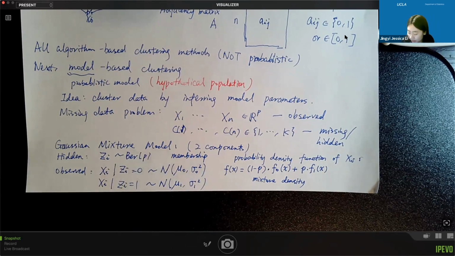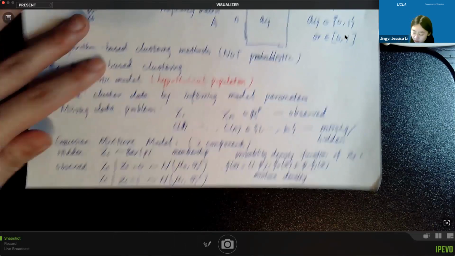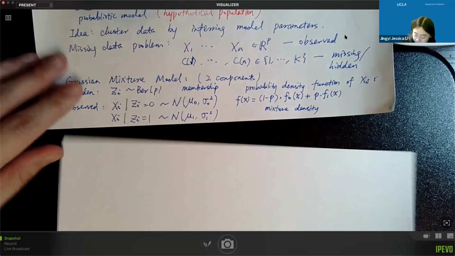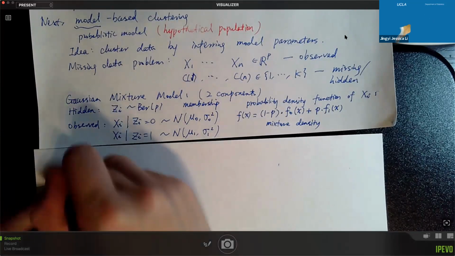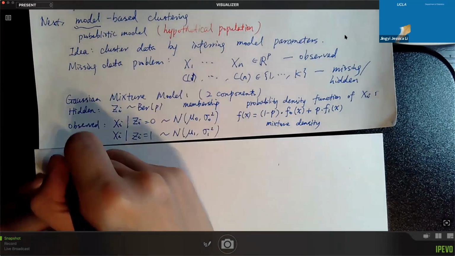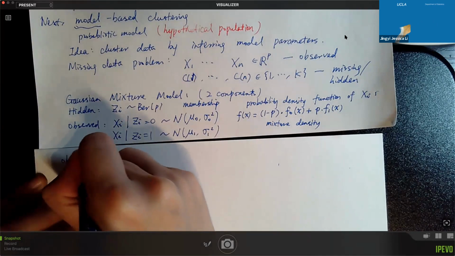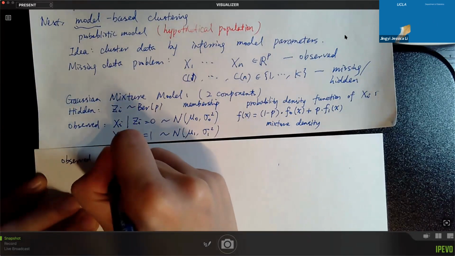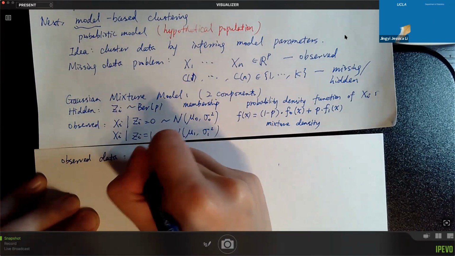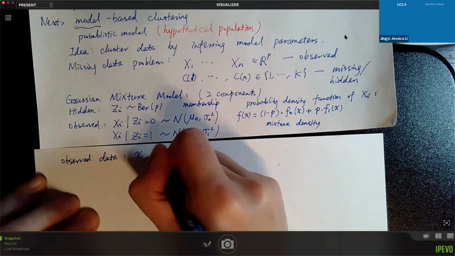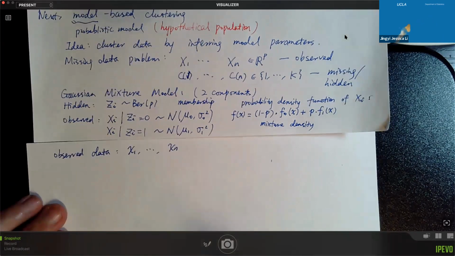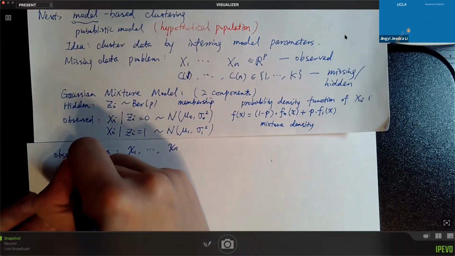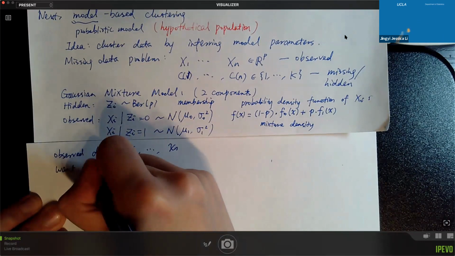As long as we can estimate them, what we are ultimately interested in is this thing. Given our observed data, I'll write lowercase x1 to xn, what I want to infer is the probability.